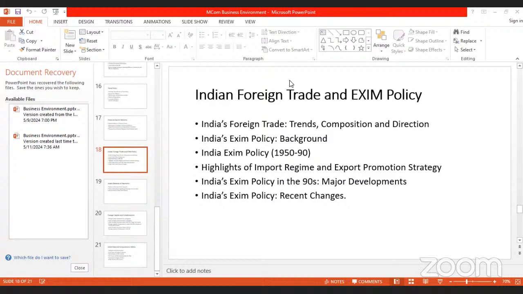The continuous reforms and updates in the exim policy are geared towards promoting export, facilitating imports, and achieving sustainable economic growth. So that was all about India's foreign trade.